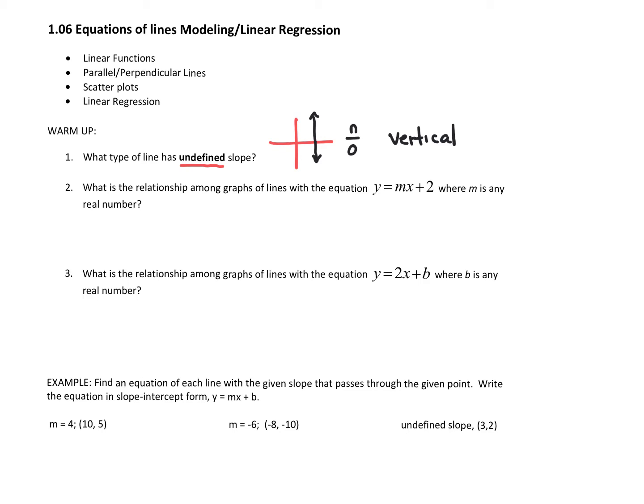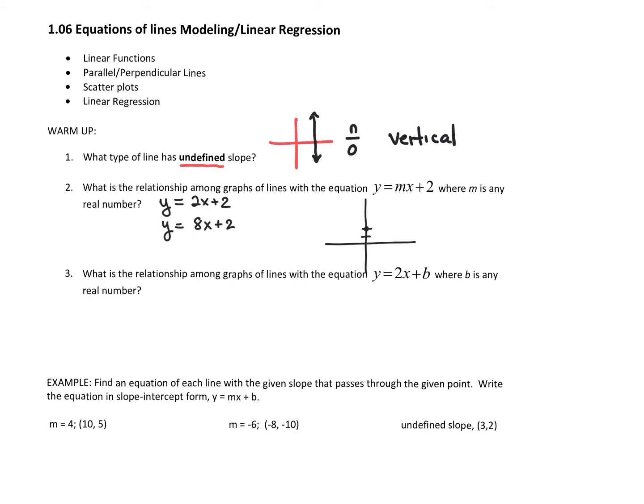Our next question is, what is the relationship among the graphs of lines with the equation y equals mx plus 2, where m is any real number? So we're talking about things like y equals 2x plus 2 or y equals 8x plus 2. Well, in this particular case, all of the y-intercepts are at 2.